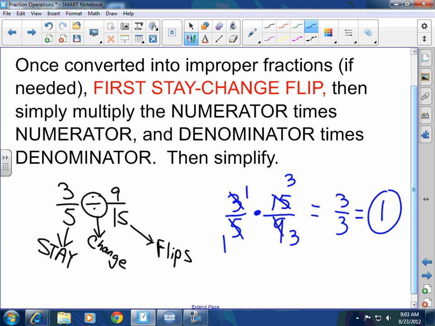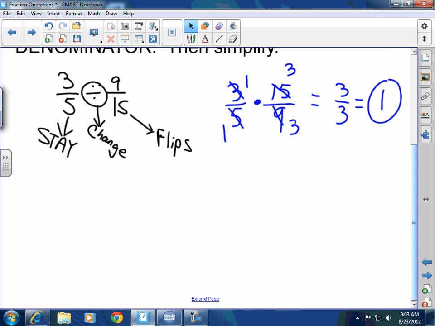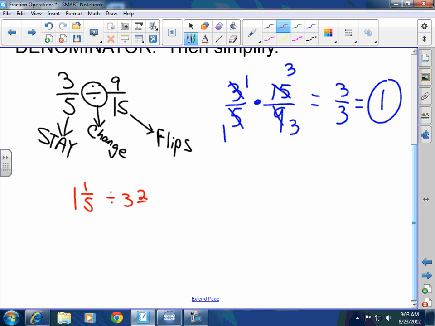The important key here is the stay, change, flip. Let's say I have 1 and 1/5 divided by 3 and 2/7.